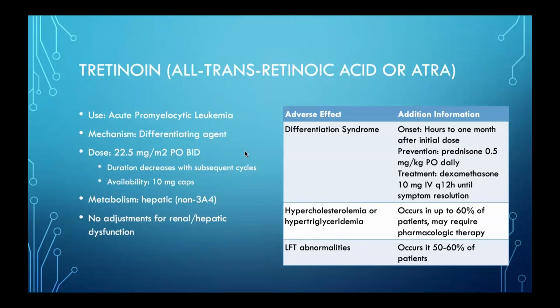We do use prevention in certain patients with prednisone, and then treatment, once again, is going to be dexamethasone twice daily. The other metabolic side effects of this can be challenging to manage, and so it's hypercholesterolemia, hypertriglyceridemia, and so we have had to initiate treatment for this in patients.